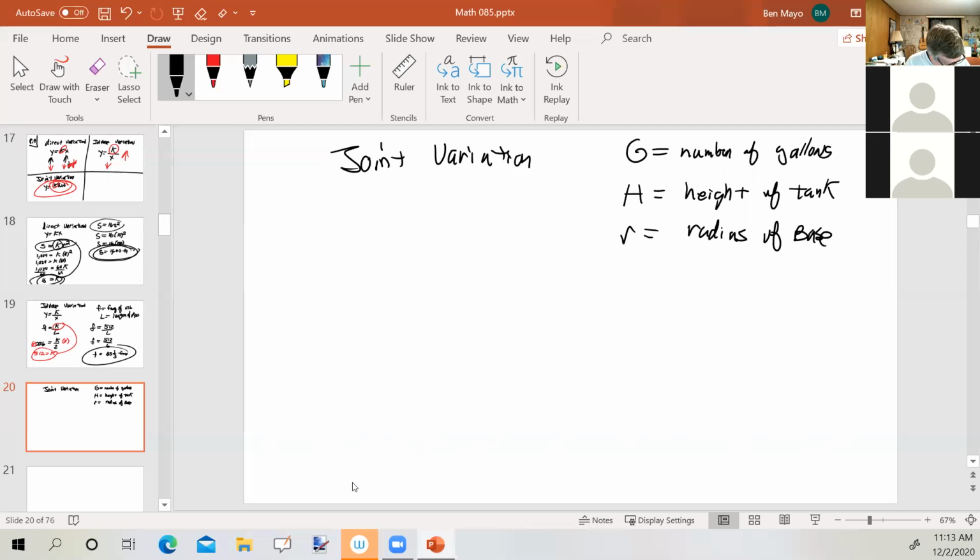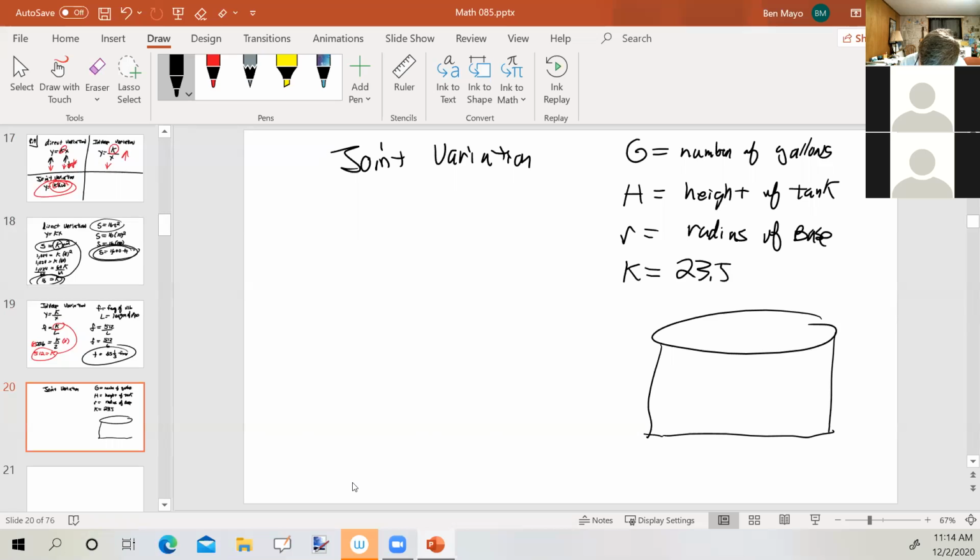They tell us the variation constant, k, is 23.5. And we've got this drawing of the tank, this terrible drawing I'm making here. This is 20 feet, and this distance is 15 feet.